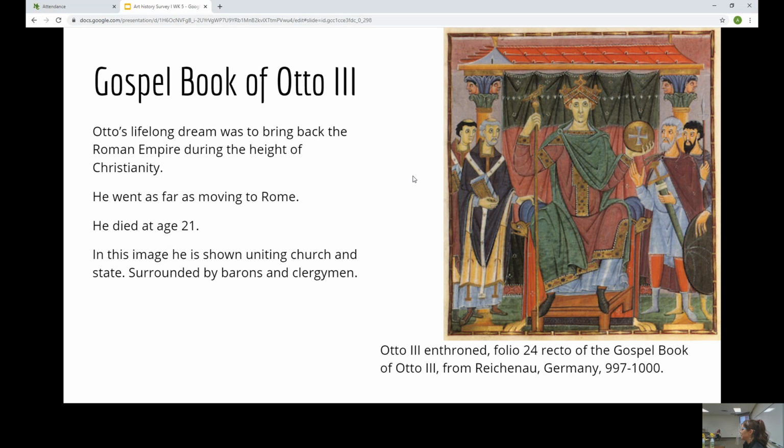Now everyone wants to be like Charlemagne and be a super devout Christian that he has the capital of the Holy Roman Empire moved back to Rome, and his whole court moved there. It didn't work out. He ended up dying really shortly after that at age 21. But here's an image of him surrounded by the bishops and leaders of the church and the leaders of his land of state. So church and state.